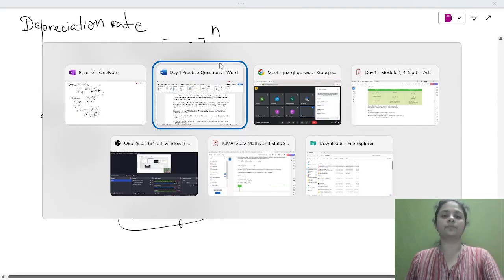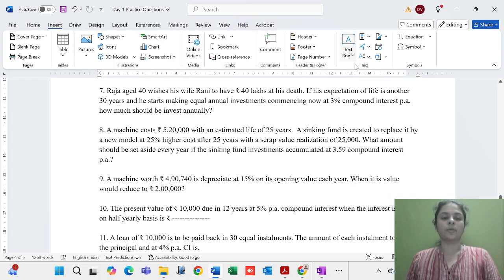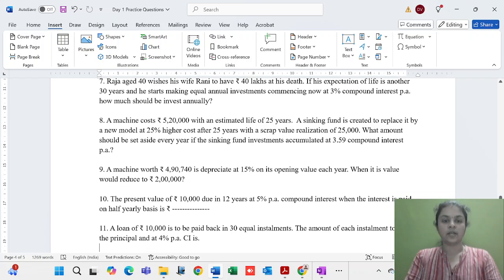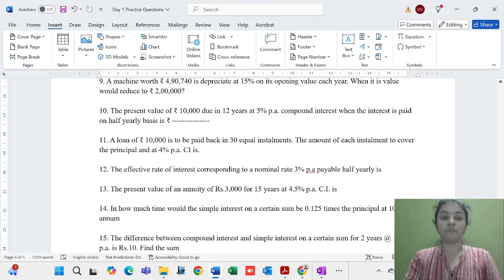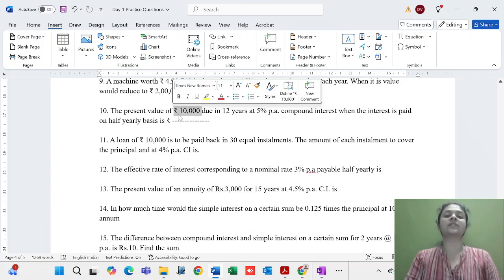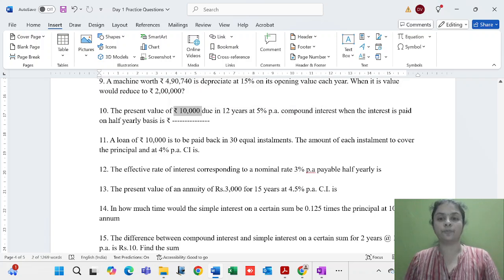Can I continue? Question number 10. The present value of 10,000 due in 12 years per annum. So what is this 10,000? Is it present or future value? Please answer.